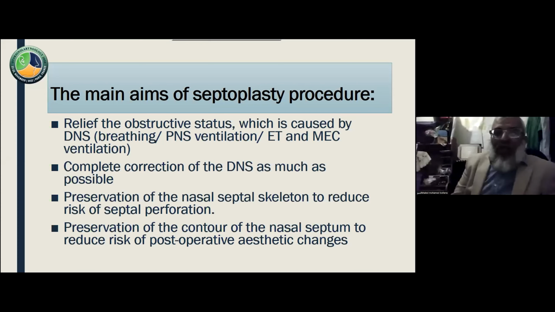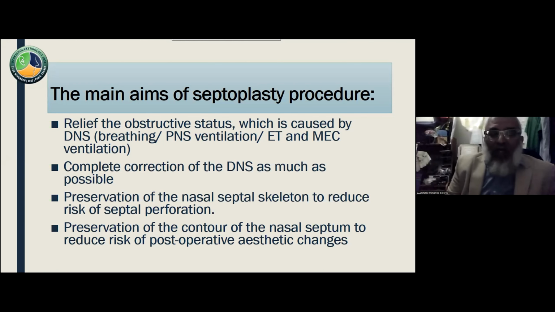As I mentioned, septoplasty is a surgical procedure commonly conducted in ENT surgery. That's why there are a lot of clinical trials and studies which try to improve the many issues that come along with this procedure.